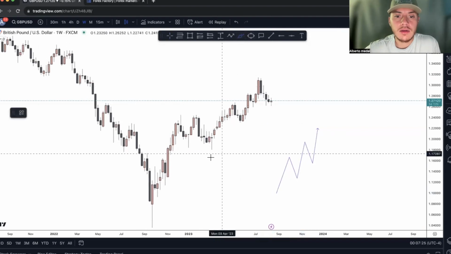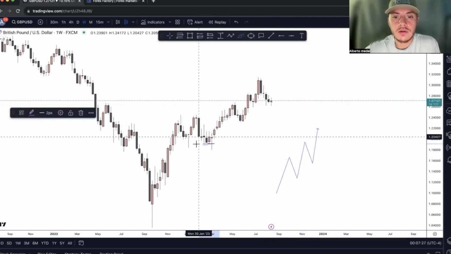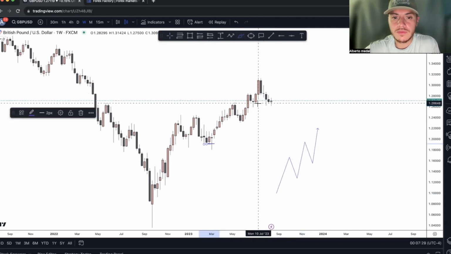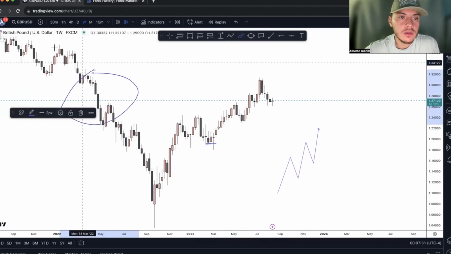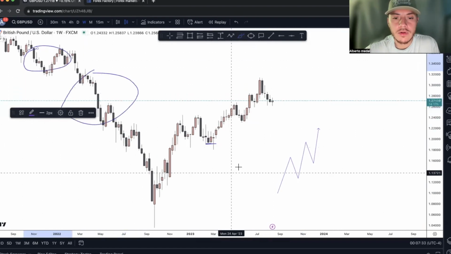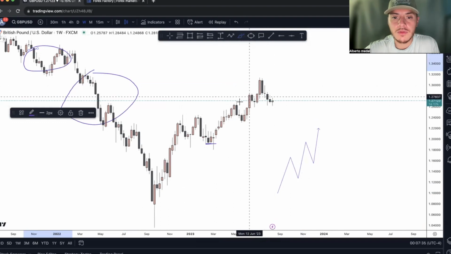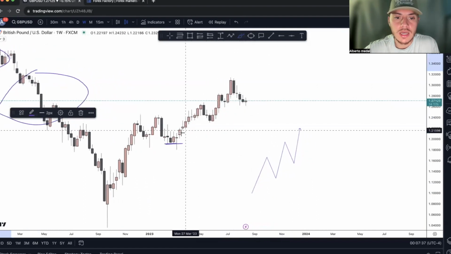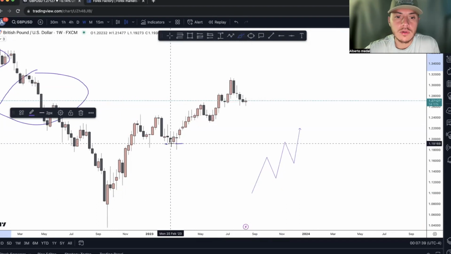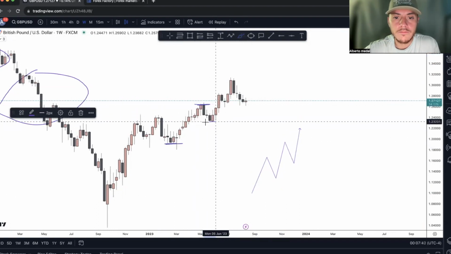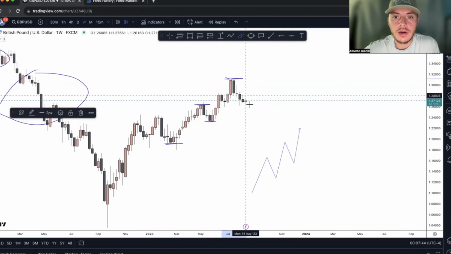We can see that right over here. None of this old data matters; you want to pay attention to what's currently happening right now. So the most recent structure was this support, higher high, higher low, higher high.